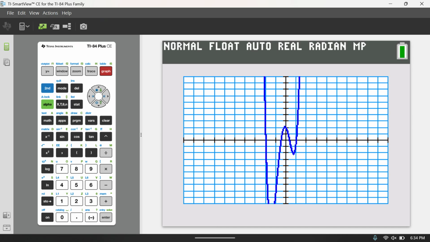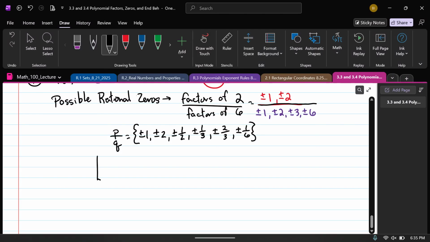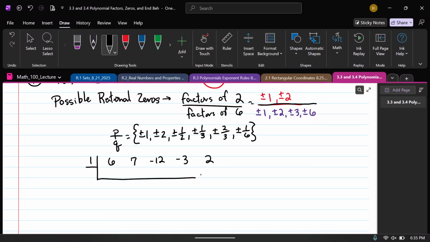It also crosses at positive 2, and we've got some places in between here that it crosses. That's probably one of those fractions out of that list. So we're going to use the integers first. So I'm going to do synthetic division with the positive 1 on the shelf first. So I've got 6, 7, negative 12, negative 3, and 2.